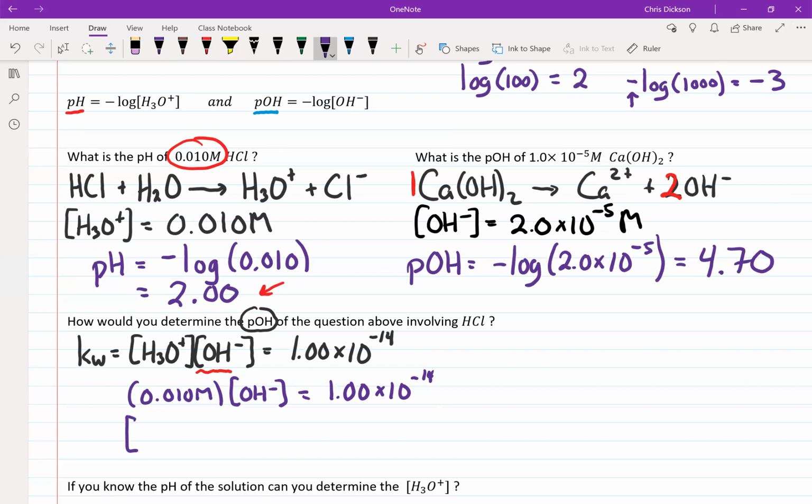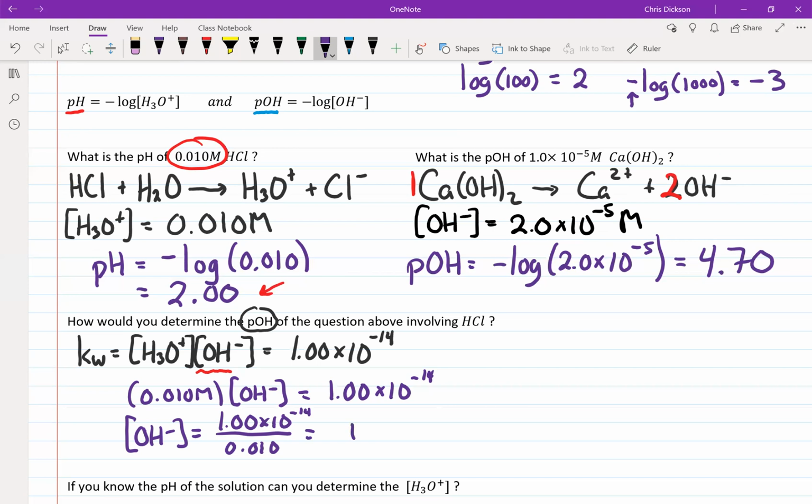The hydroxide concentration would now equal 1.00 times 10 to the minus 14 all over 0.010. So when we work that out, we're basically dividing by 100th, so that's going to move the decimal 2 places for us.